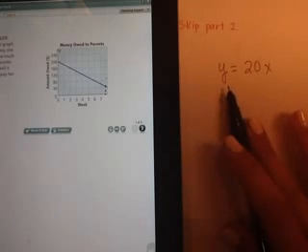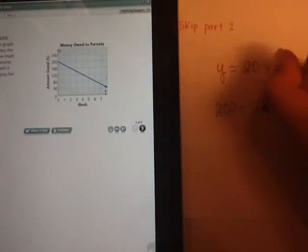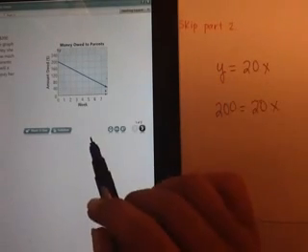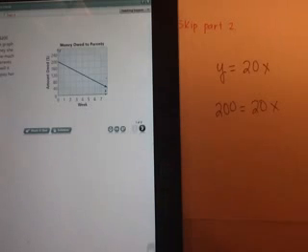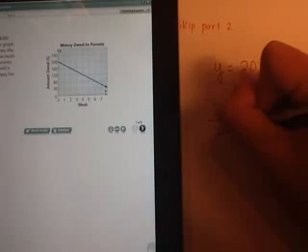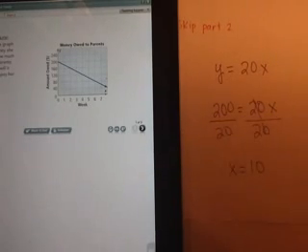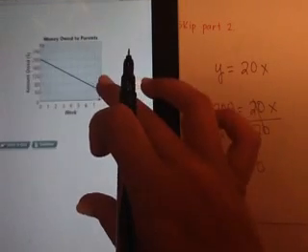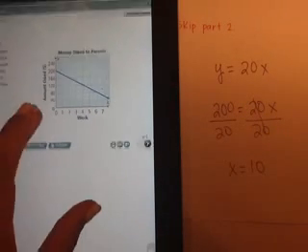If we have a total amount to pay of 200, you plug 200 into your y for your total value, and you'll solve for x. x represents the number of weeks. Divide by 20 on both sides, and x will equal 10. So it will take 10 weeks to pay back that money.